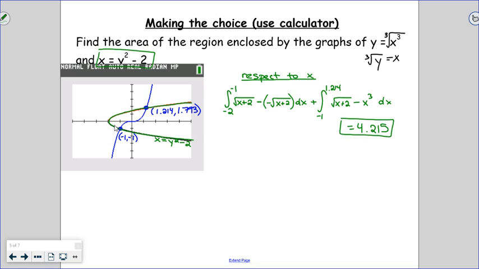If I am looking at this in terms of x equals, we're going to integrate with respect to y, that is the graph of x equals y squared minus 2, the whole thing, where before it was like two separate graphs, right? And then our other one does not change, but it is in terms of x equals cube root of y. So we only have two functions this time.